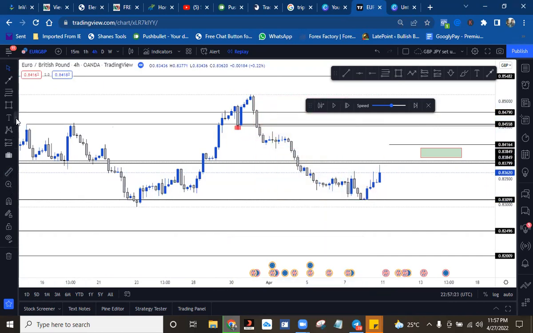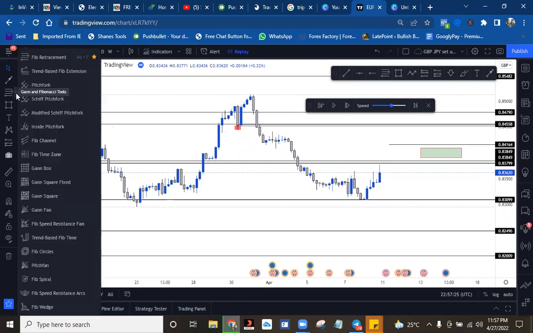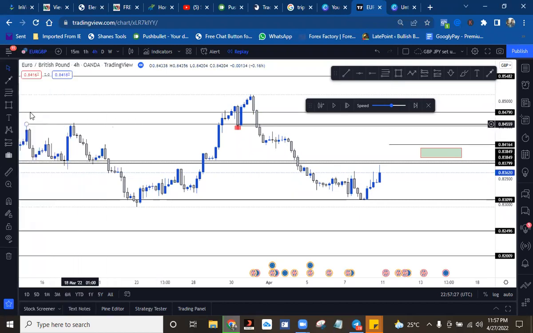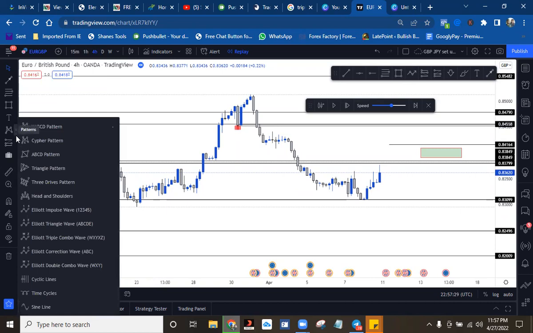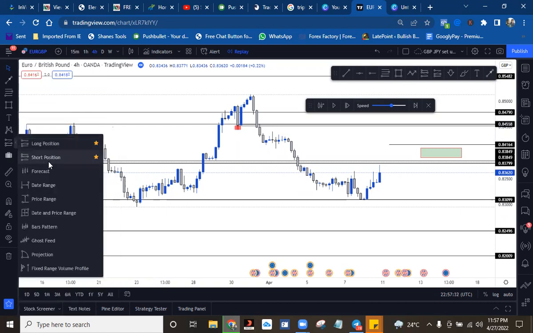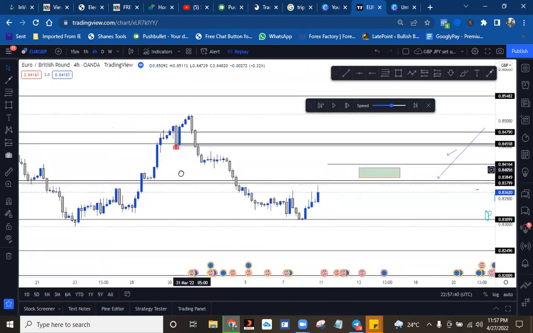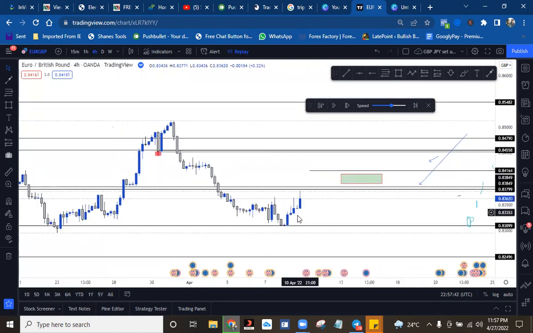Another beautiful and interesting tool that you would need to use is the stop loss, buy position and short position, okay? So you see I have it on favorite because it's really, really important. Now, when you have done your analysis in your market and you maybe, for instance, you're looking for a buying opportunity, then you want to go for the long position one.